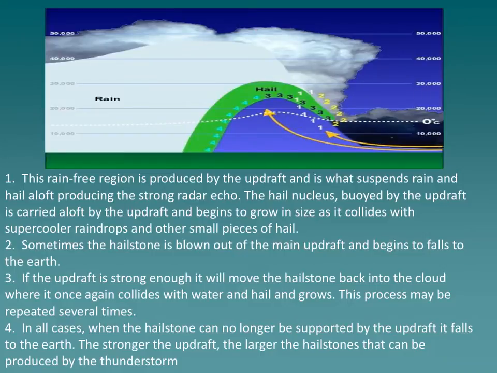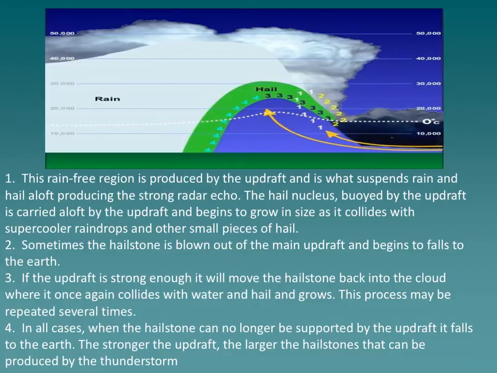What happens to make these clouds is you got the air coming in, and then it's rising rapidly. As it rises rapidly, it cools. We got the freezing line right there. As it cools, a couple things happen. Number 1 right here, anywhere you see number 1, this is a rain-free region.